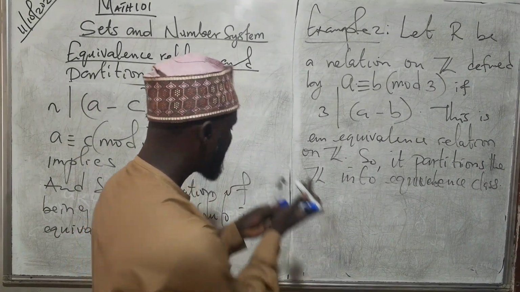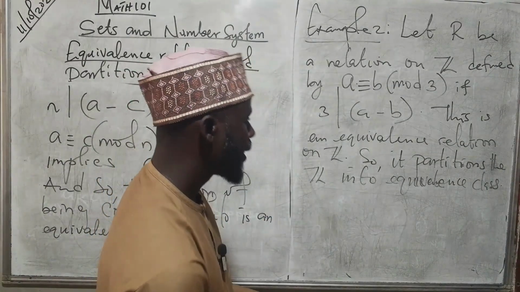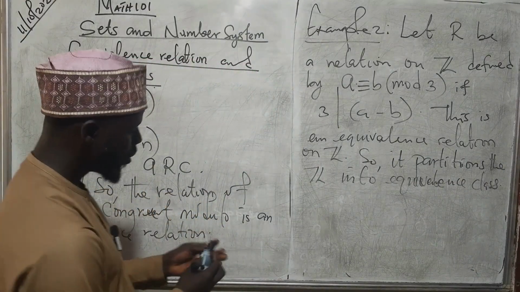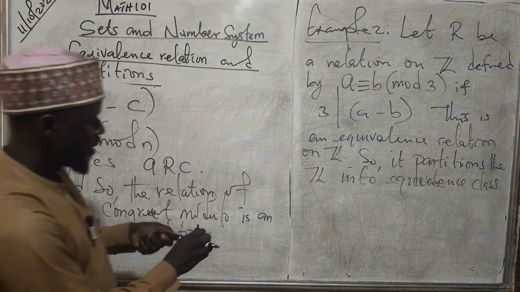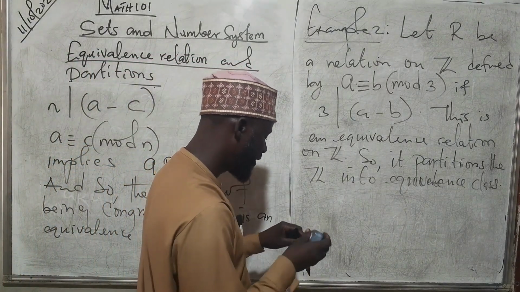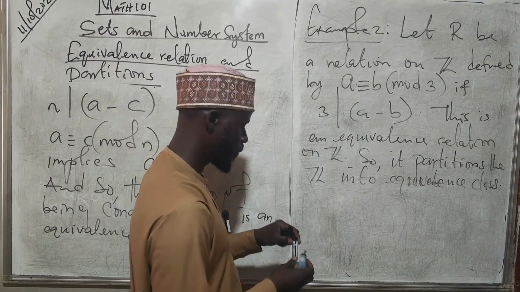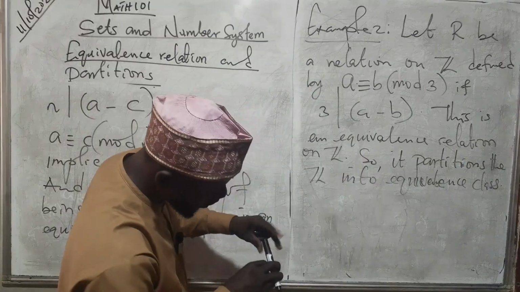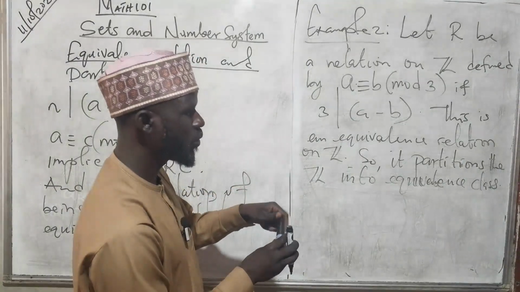First of all, in our proof, the first item is reflexive, and the reflexivity says what? A minus A is equal to 0. So, since it is equal to 0, we are going to be looking at the equivalence classes.